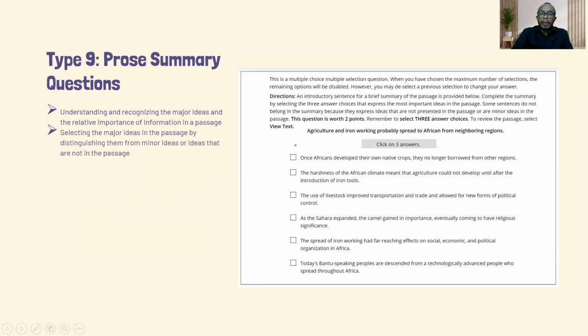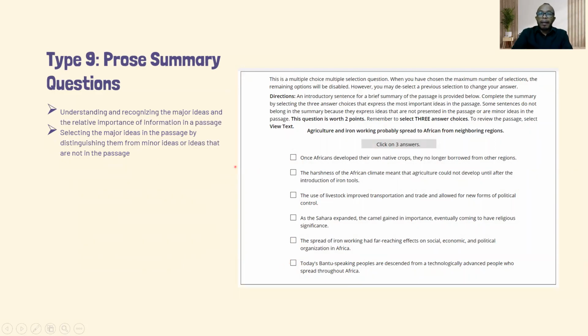So you will be required to select the main ideas or major ideas from the 6 given choices.